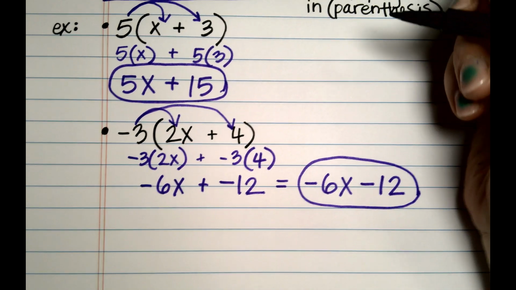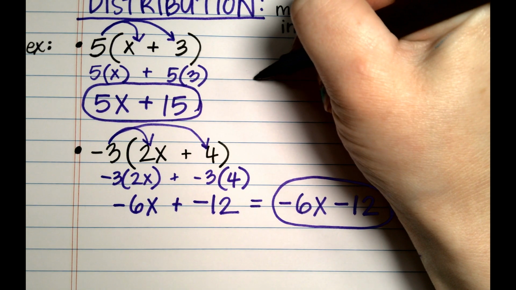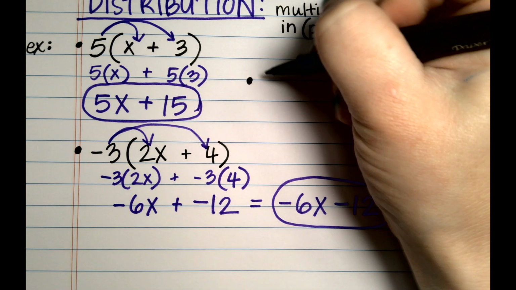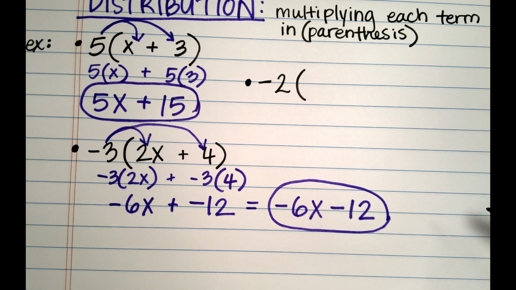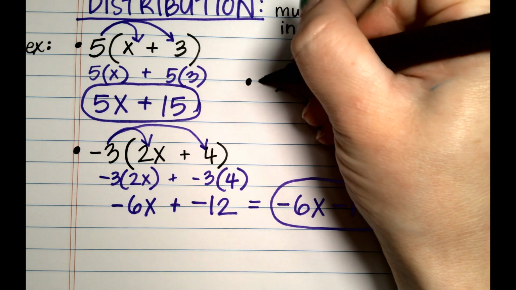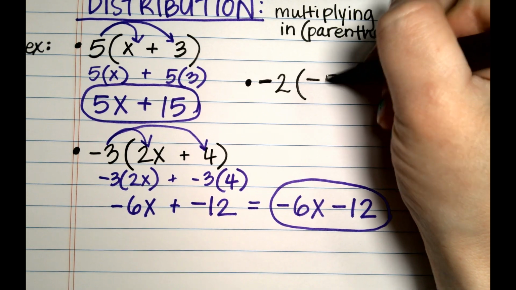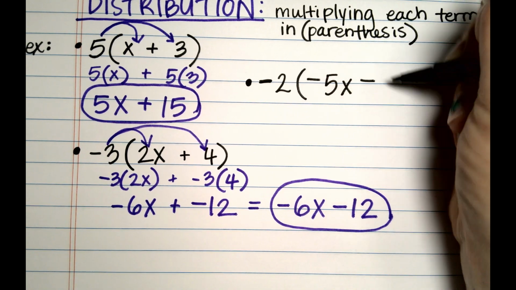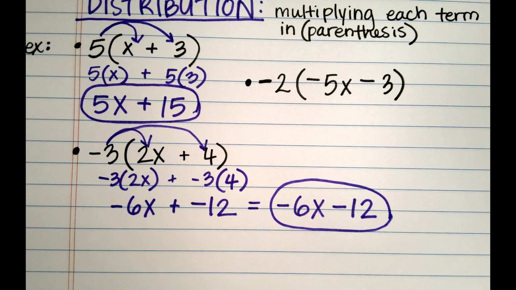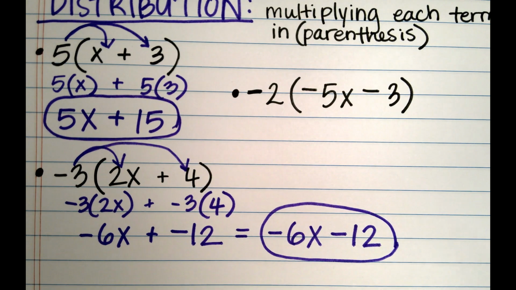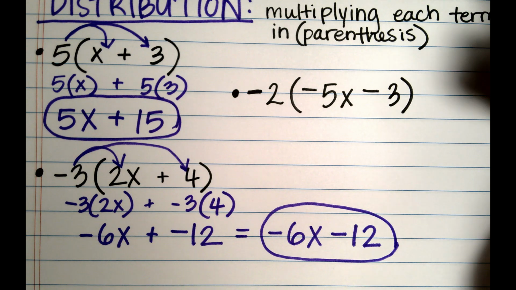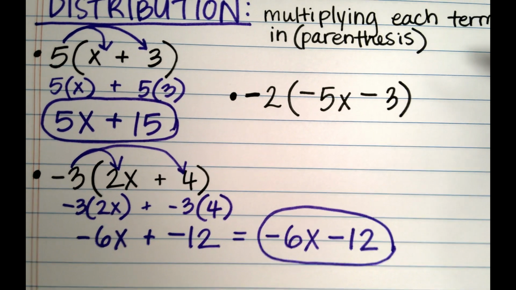Now, here's another. -2, and I'm going to distribute that into -5x minus 3. Negative 2 times negative 5x minus 3. What's going on here?